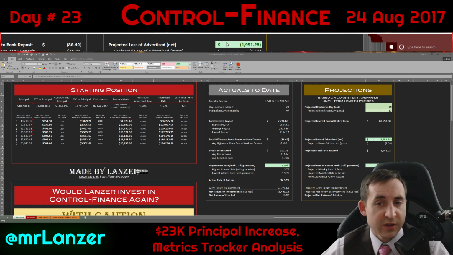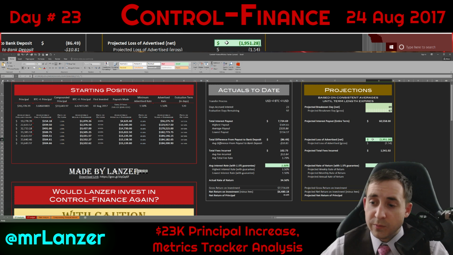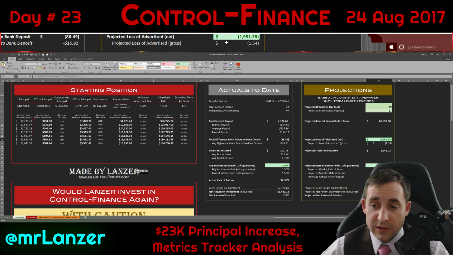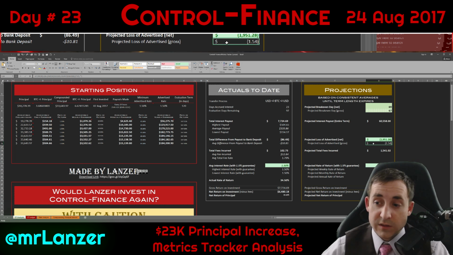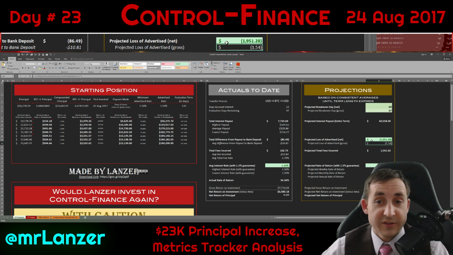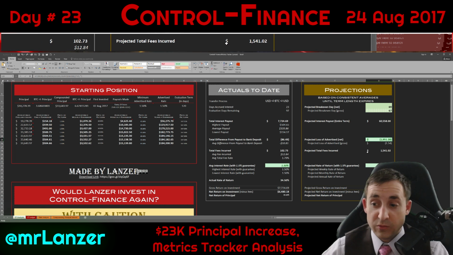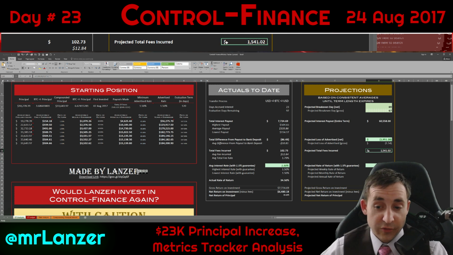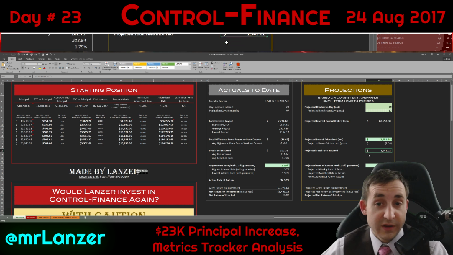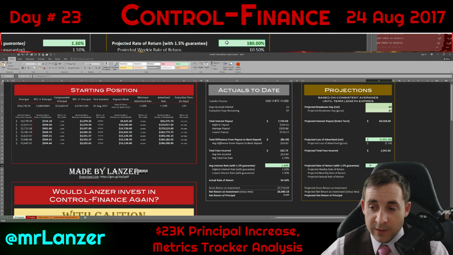I haven't quite fleshed that number out in its entirety, but that is a carryover formula from my BitConnect metrics tracker. And projected loss from gross is $1, and I'll need to investigate why those two numbers show what they do. Projected total fees is about $1,500 if things continue being assessed the way they are.